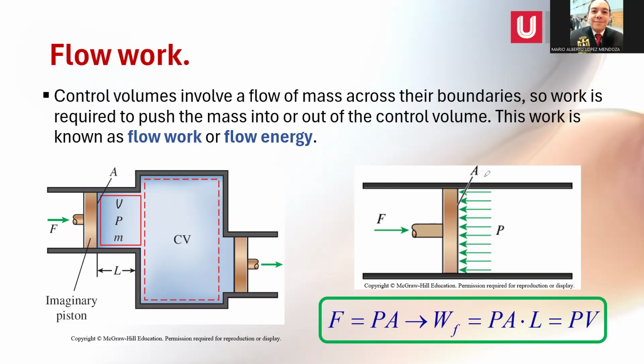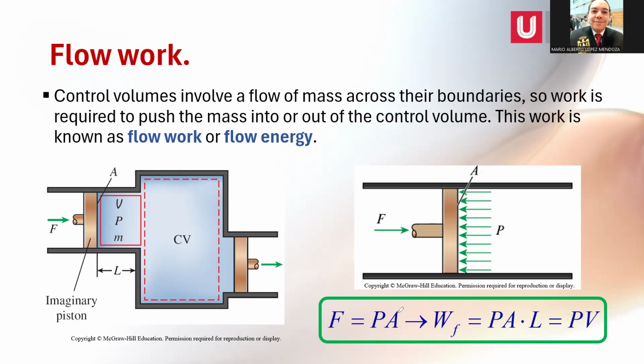In fact, in an engineering device we don't really have a piston, but this is a simplification or a simple explanation of the phenomenon. If you remember, pressure is just the force divided by the area of the piston.